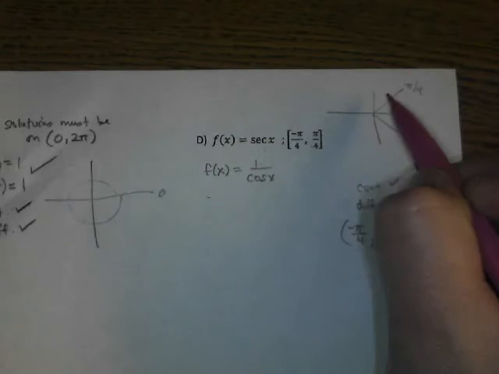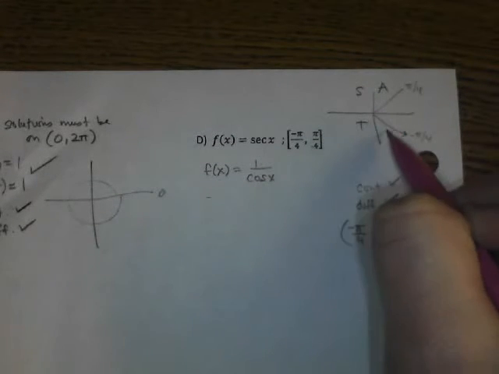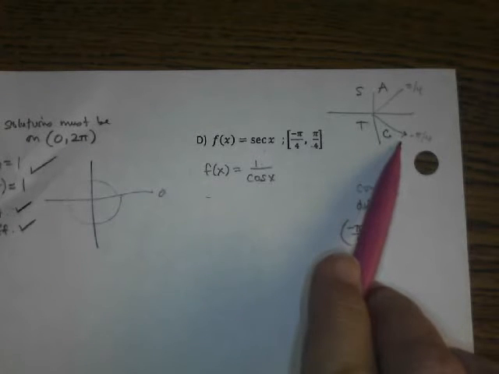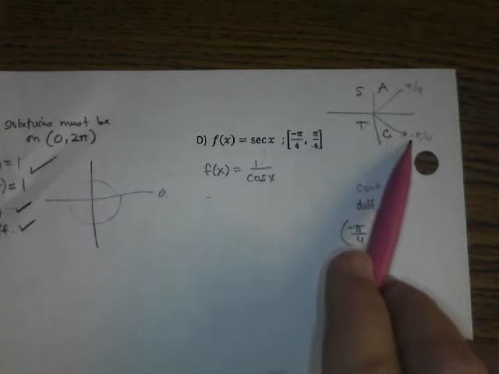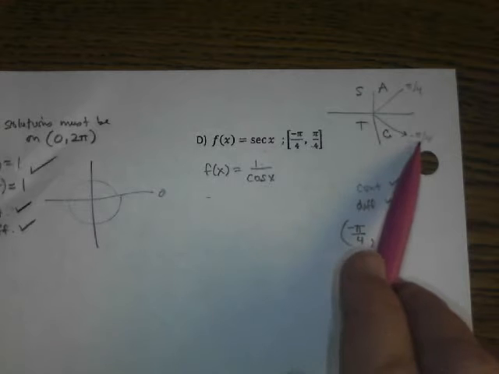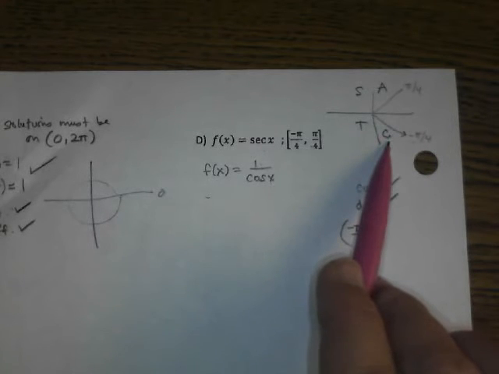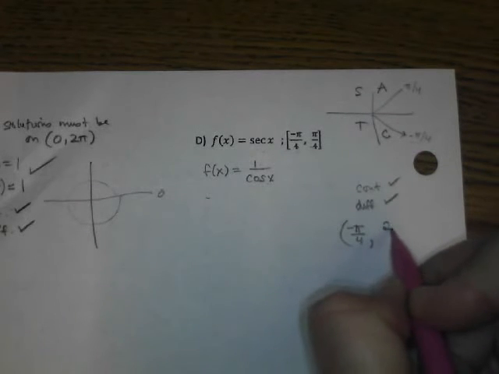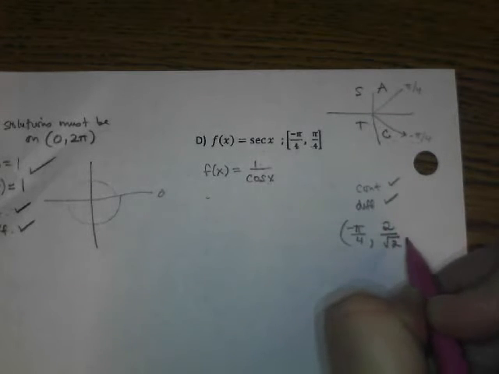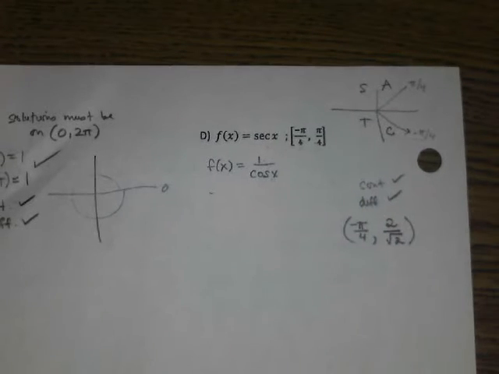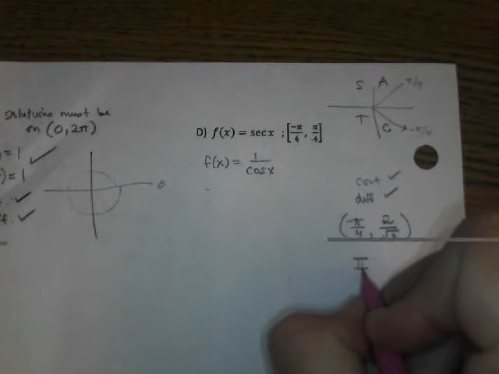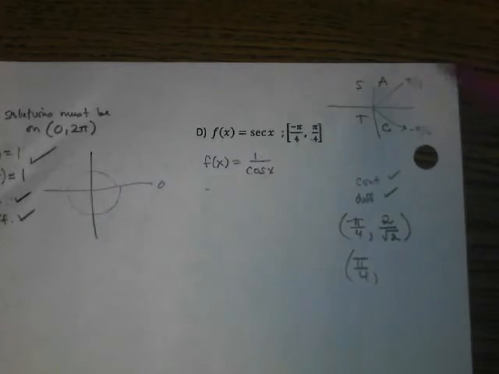Negative pi over 4 is in the fourth quadrant, and cosine of that should still be positive, right? So it's 1 over root 2 over 2, which is just the reciprocal of root 2 over 2. And then when we plug in positive pi over 4, obviously cosine's also going to be positive. Cosine of pi over 4 is root 2 over 2. So 1 over root 2 over 2 again reciprocates it. So we've got those y coordinates the same.